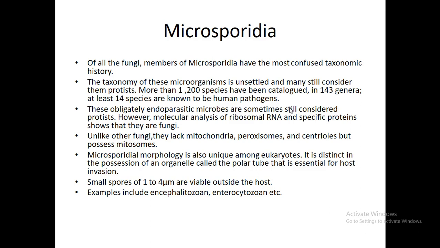More than 1200 species have been catalogued, out of which 143 are placed in different genera, and at least 14 species are human pathogens, which are very important human pathogens.